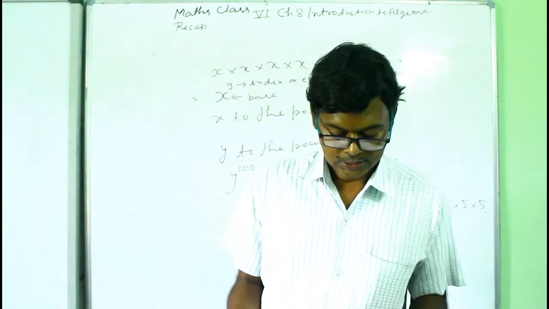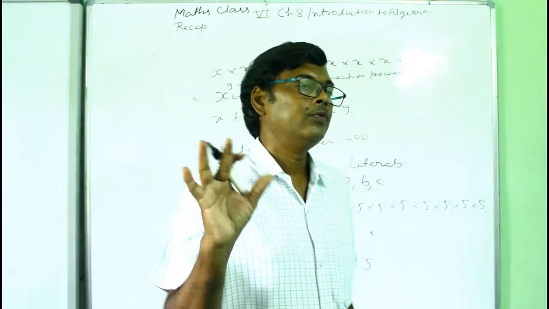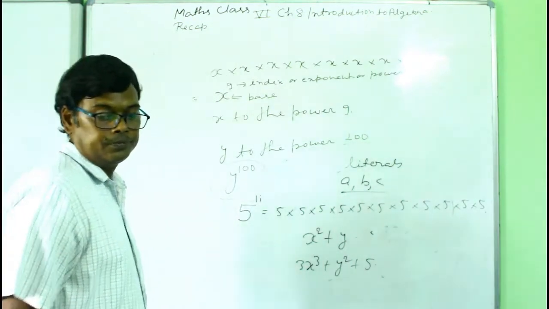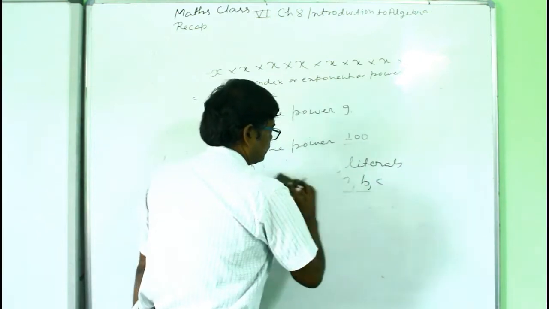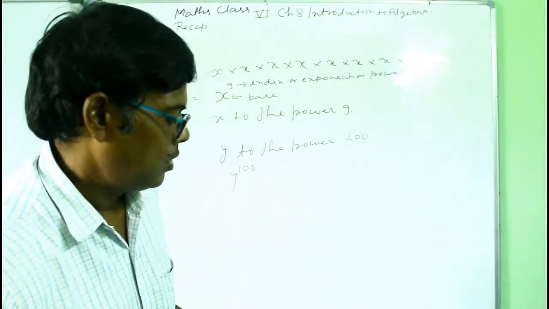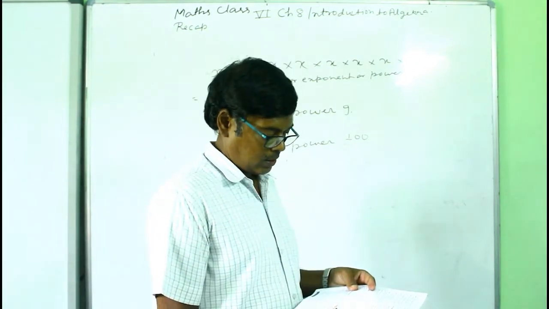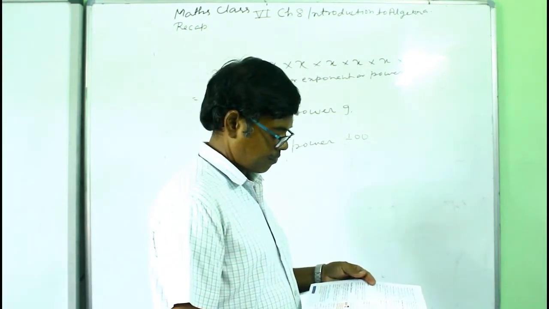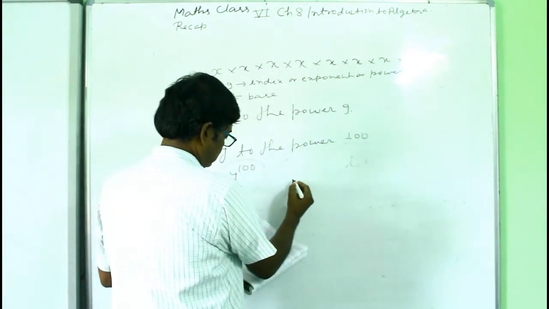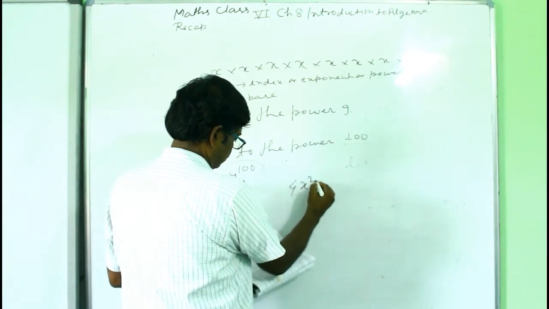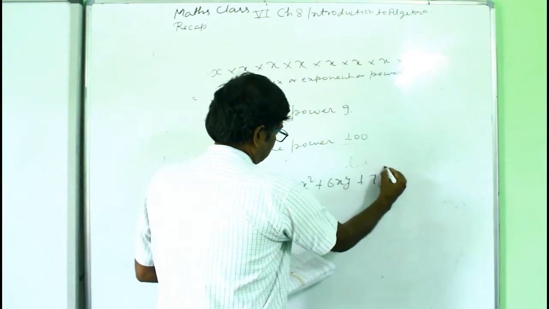In that expression you also have the terms. When you have the algebraic expressions, then you have the terms. For example, take the expression 4x square plus 6xy plus 7y square plus 8.